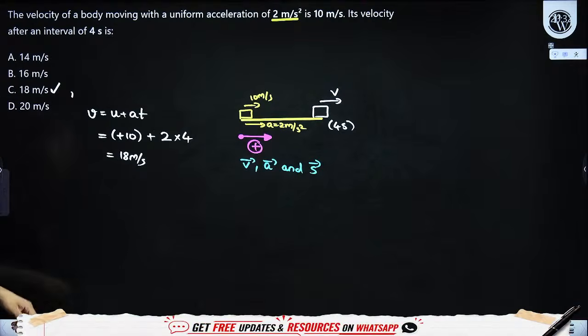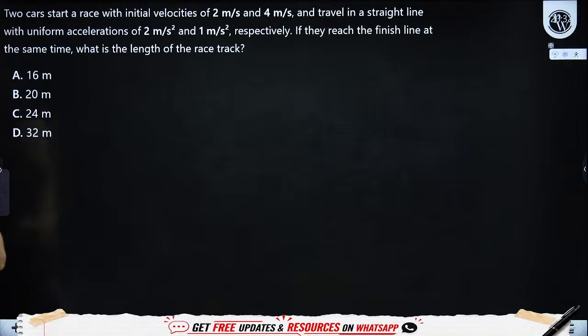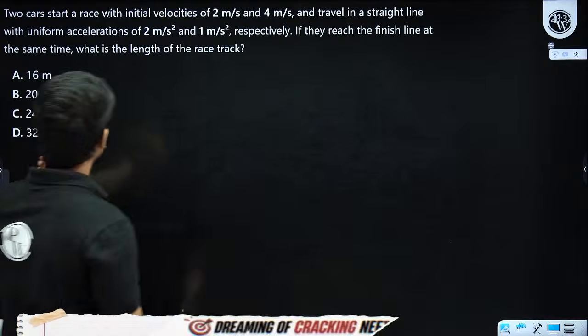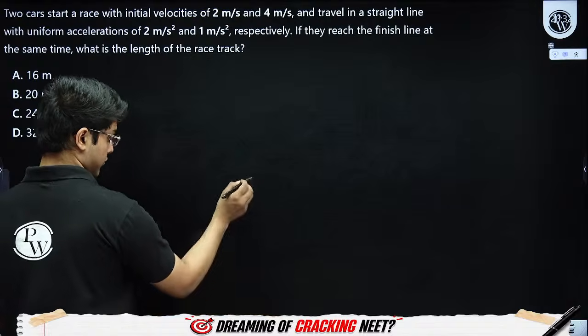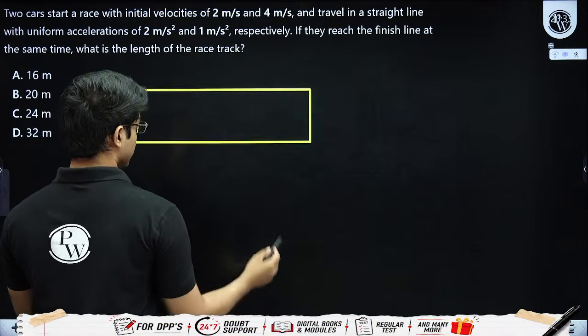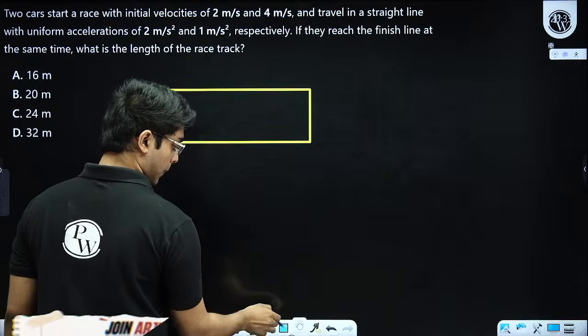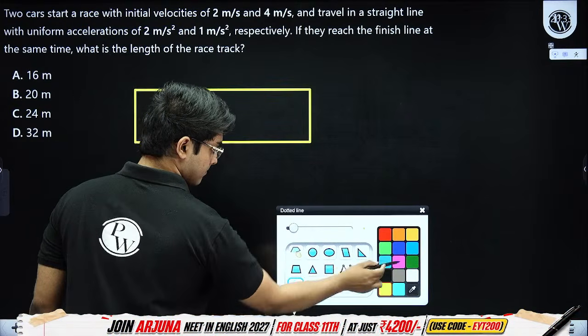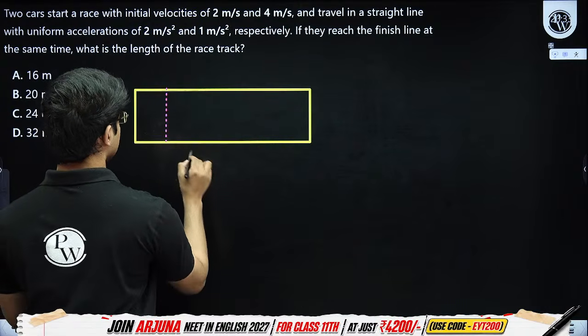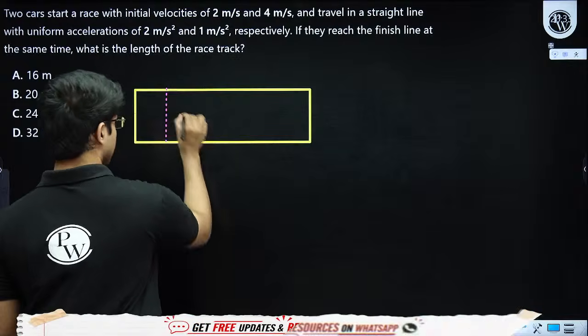Now the next one is, there are two cars that start their motion with initial velocities of 2 and 4. They travel in a straight line with uniform acceleration. Their initial speeds are different.